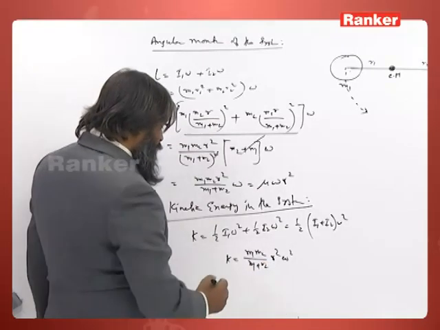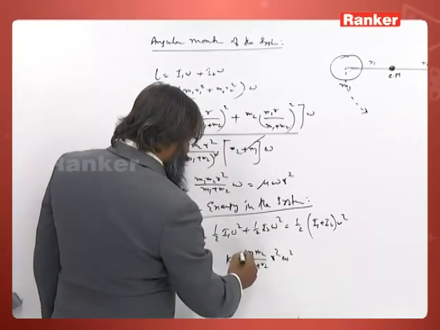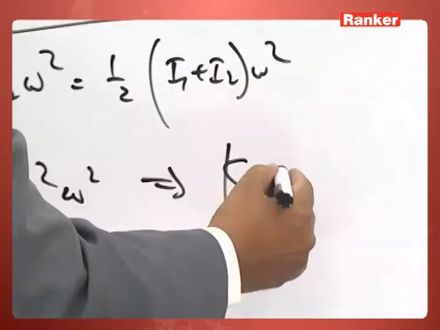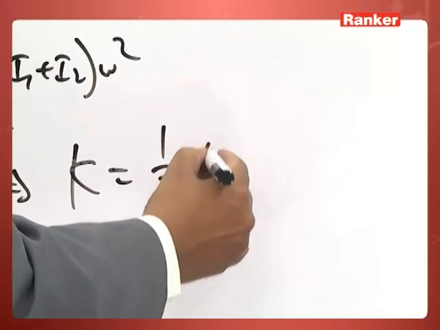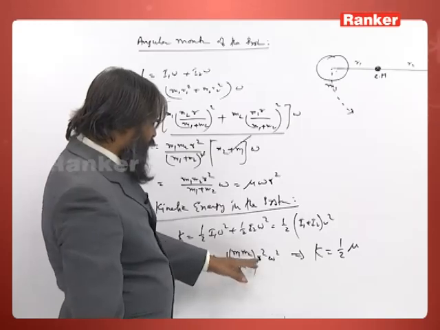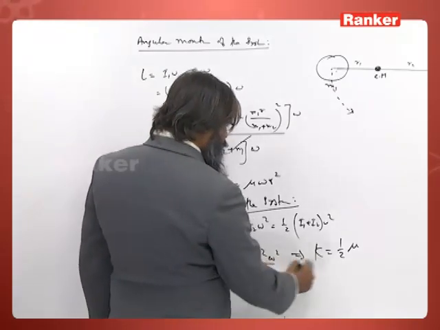This half is also there. So this can be written with mu. This implies K is equal to half mu r square omega square.